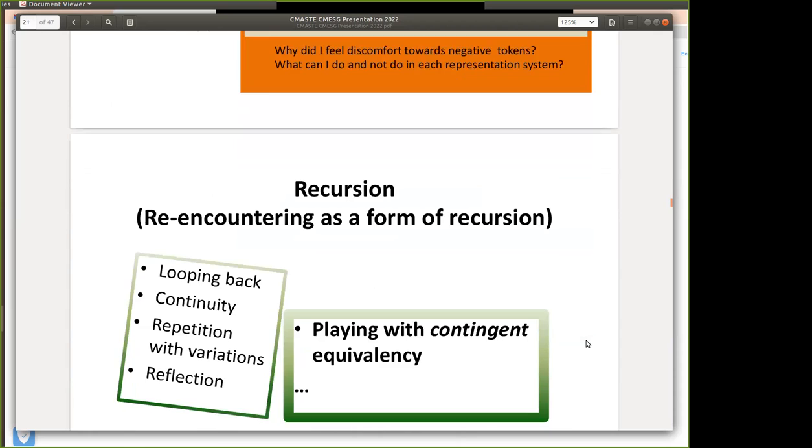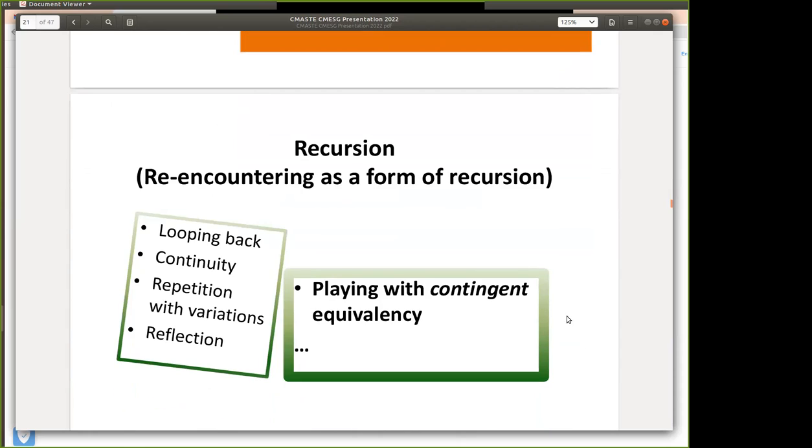Okay, recursion. Through this, my interpretation of all those forms, and I understand it's not just the initial connotations such as looping back, continuity, repetition with variation and reflection, but also now I understand it definitely as recursion as a play with contingent equivalency.